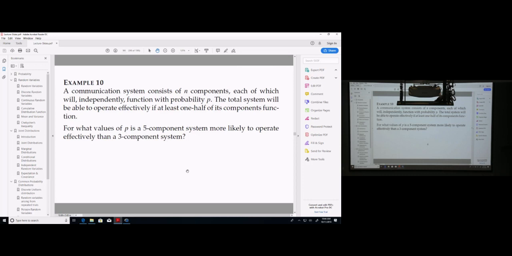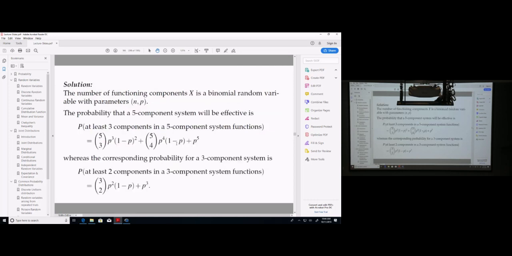Okay, so now here we have to formulate the problem first. n is known, n is either 5 or 3, but the probability p of a component functioning is not known. So depending on what p is, you want to choose a 5-component system. Depending on what other p is, maybe the 3-component is more reliable, all right?